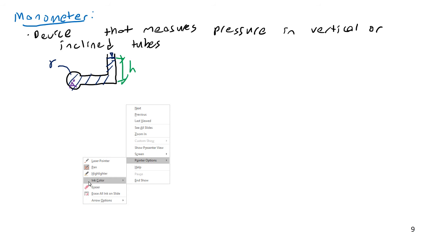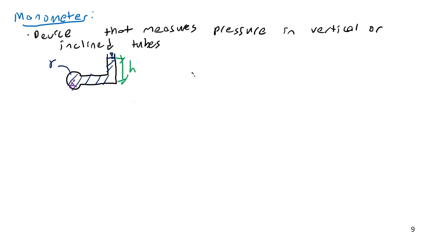So if I work through this, this is point 1 here, PA minus P1 equals gamma times (ZA minus Z1).